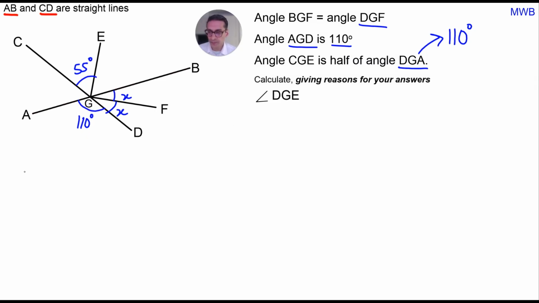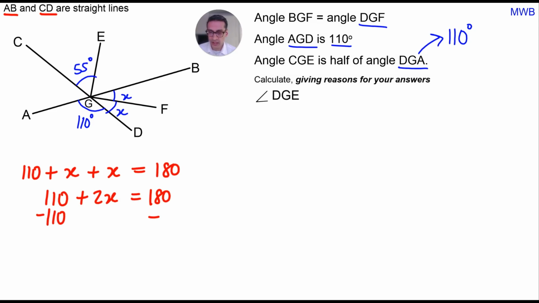So 110 plus X plus X is equal to 180. 110 plus 2X equals 180. We take away 110, 2X is equal to 70.